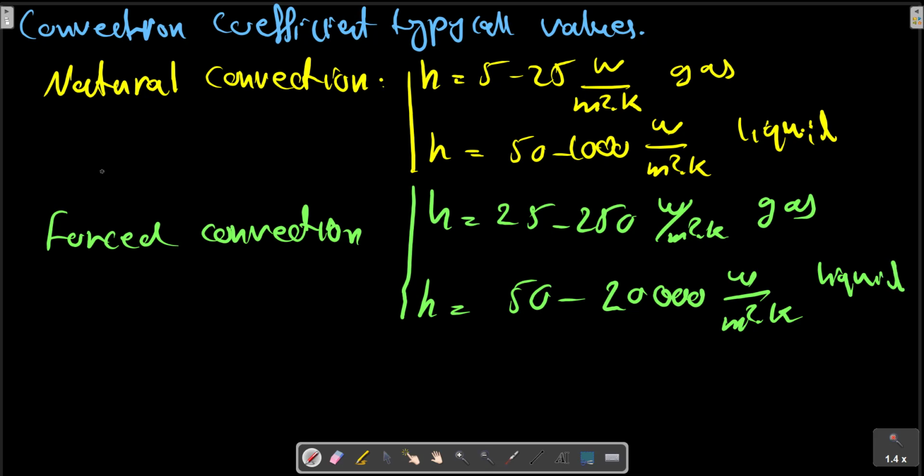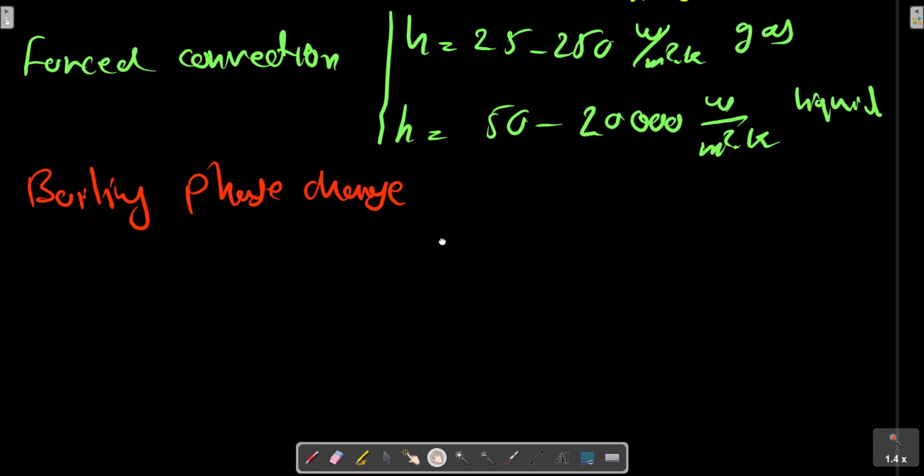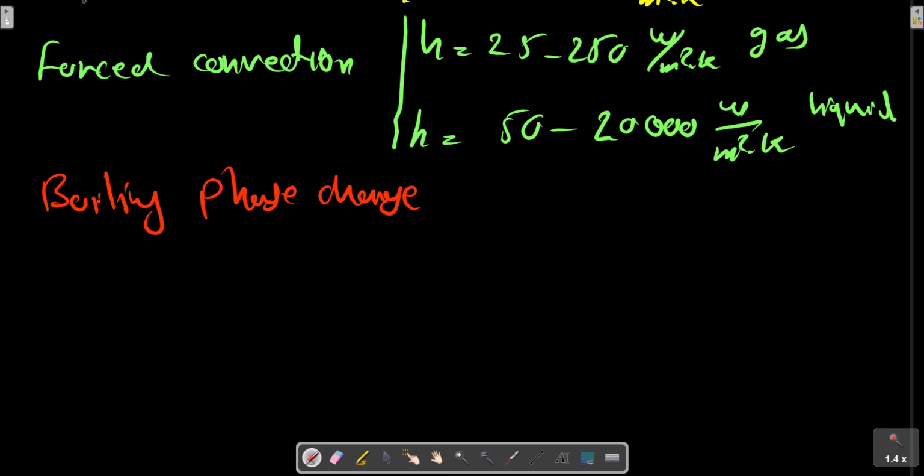Boiling phase change: very high h occurs in boiling applications.